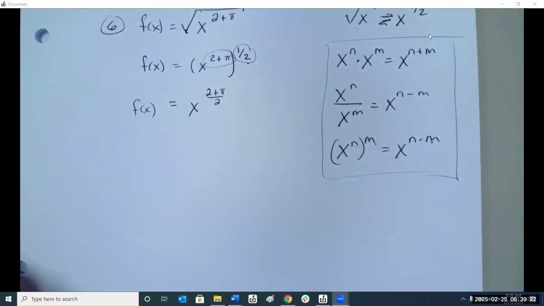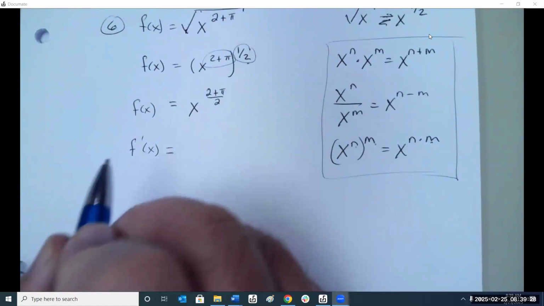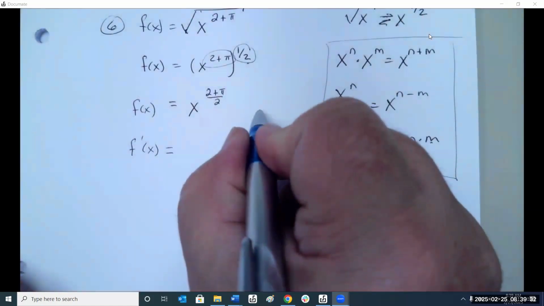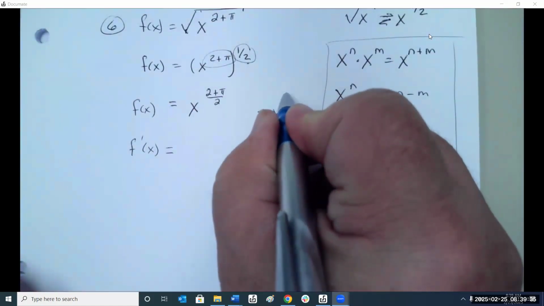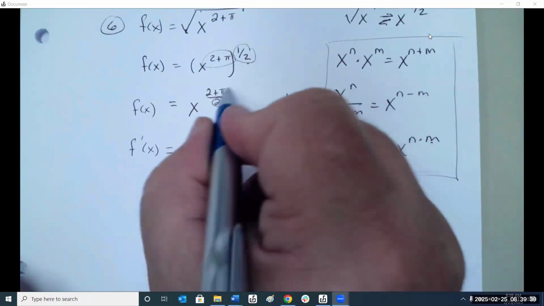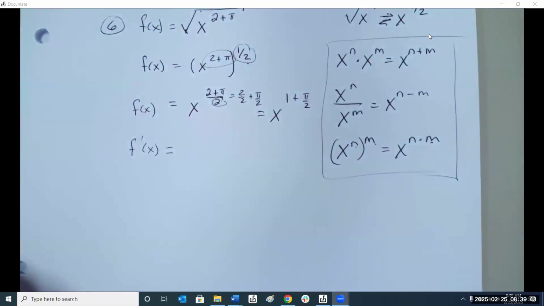Now what do? What am I looking for? I could, if I wanted to, since I have a monomial on the bottom, break it up into this.